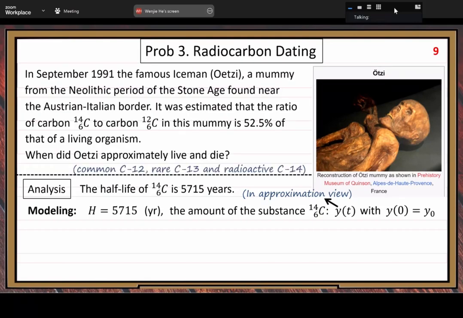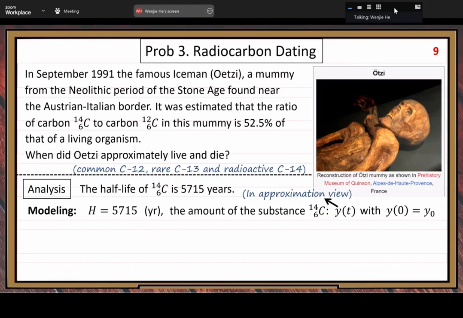There are 3 isotopes for carbon. The first one, common carbon. The dominant percentage of carbon is carbon-12. Common, not radioactive, keeps the same all the time.